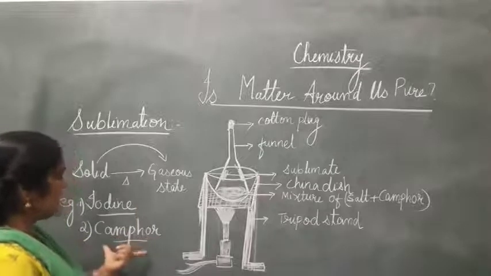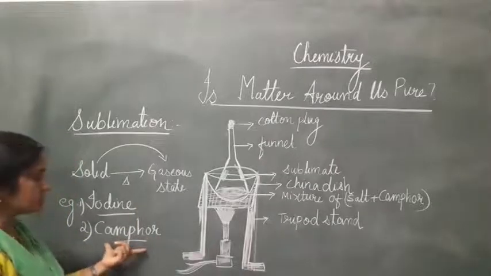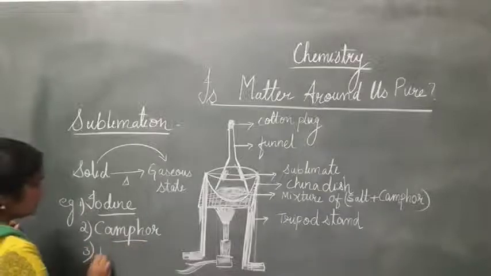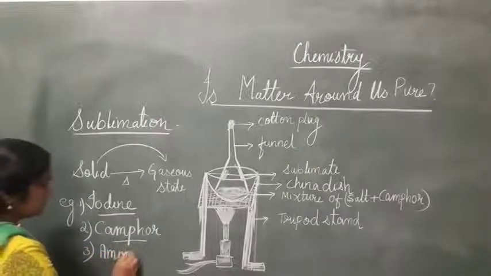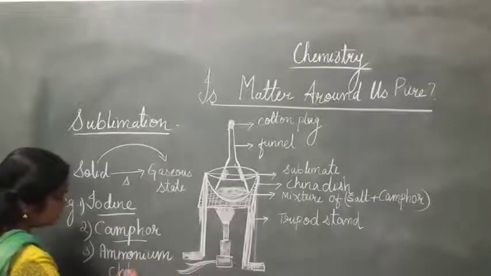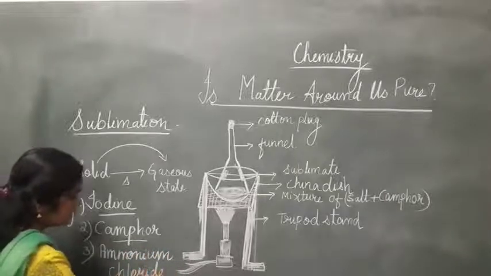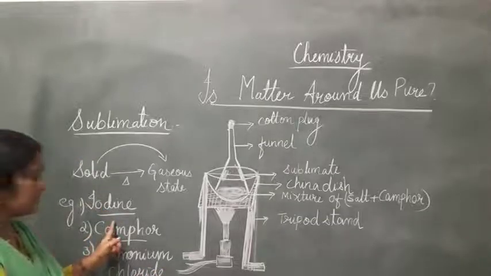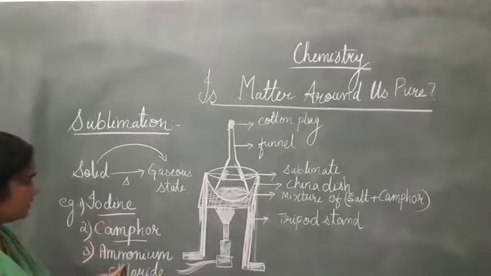This is also a sublimable material. Another common compound is ammonium chloride, which is also sublimable. So the examples of sublimable substances are iodine, camphor, ammonium chloride.